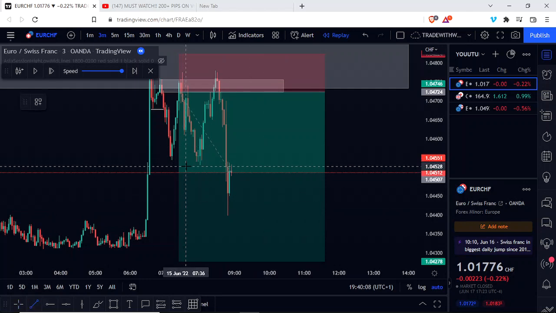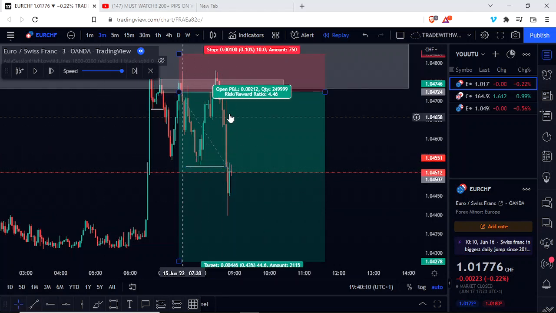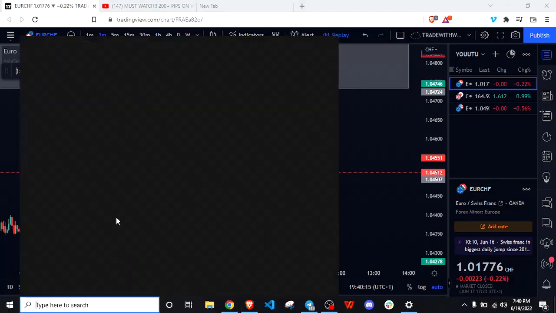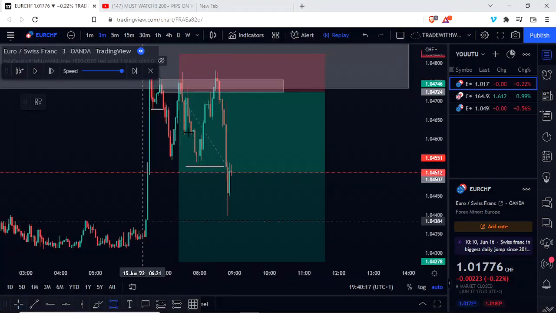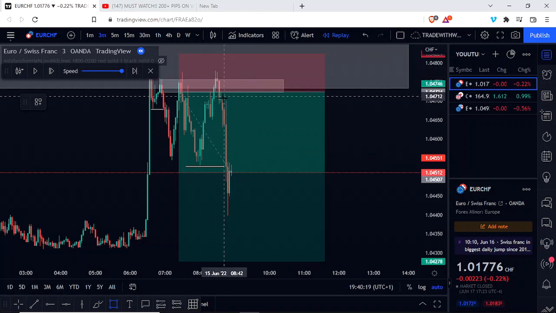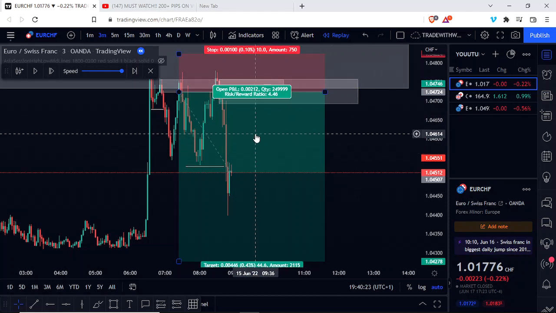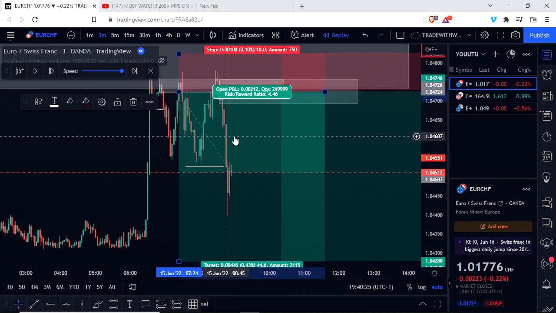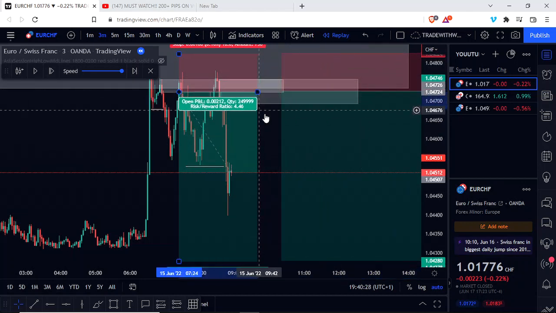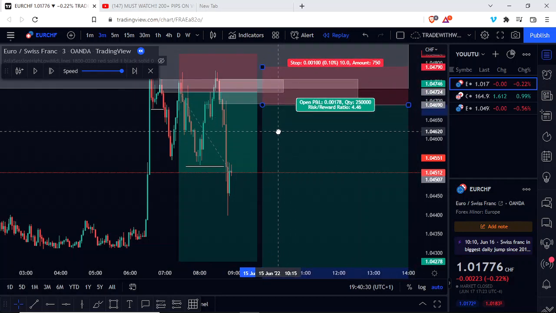Now, for those that love to re-enter, they can set lock profits or whatever, and try to take another trade here, right? Try to take another trade, this point of interest here. Okay. So that's the second POI, if I'm not mistaken, like this.